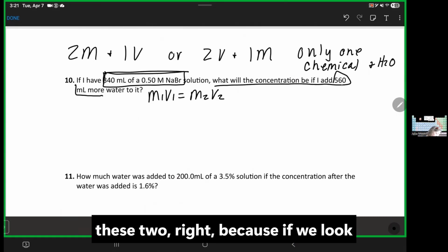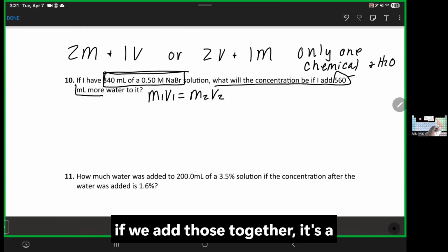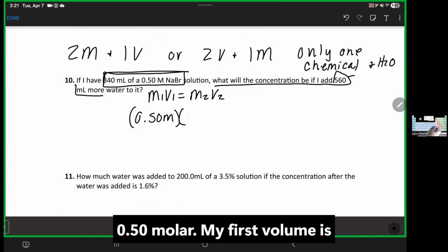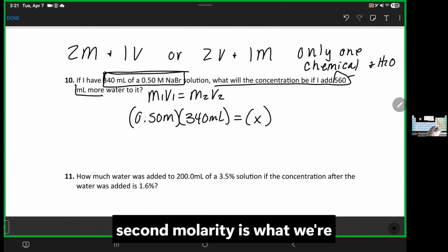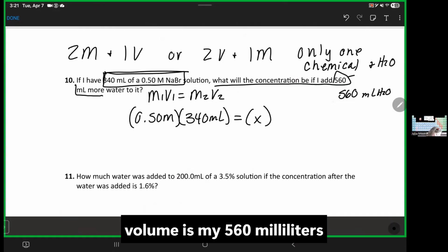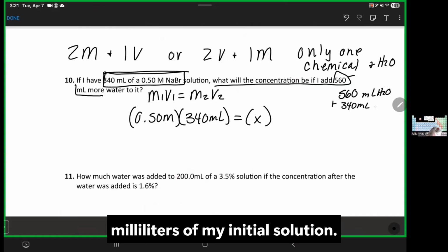Because if we look, this is a higher volume, but also if we add those together, it's a larger volume. So my first molarity is 0.50 molar. My first volume is 340 milliliters. My second molarity is what we're looking for, and my second volume is my 560 milliliters of water plus my 340 milliliters of my initial solution.